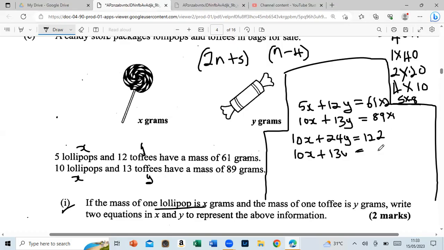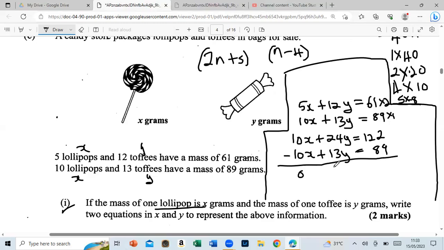And then 1 times 13y gives 13y, and 1 times 89 gives us 89. So we're going to subtract because we want both of them to be equal, right? So we subtract: 10 minus 10, that's 0. 24 minus 13, that's 11. Let me just double check.